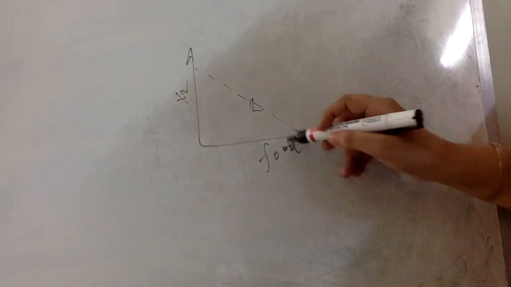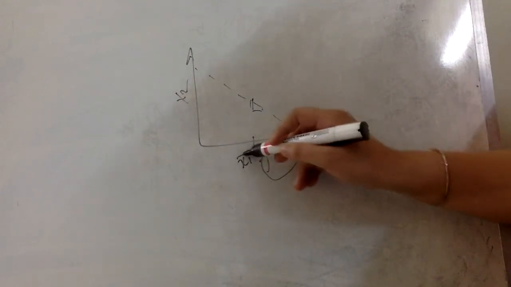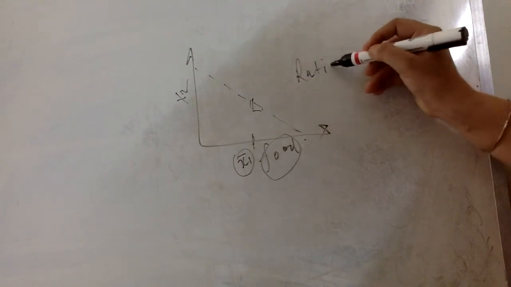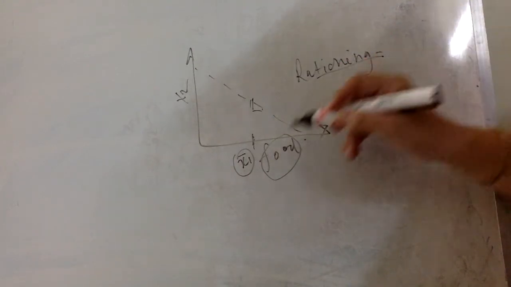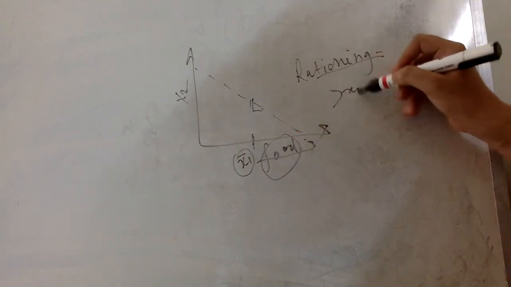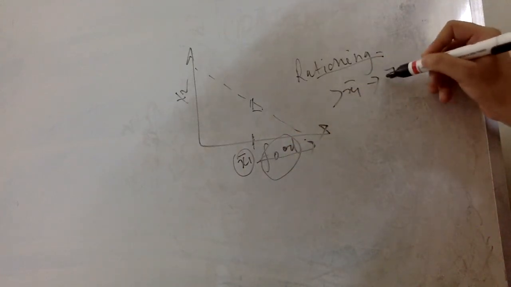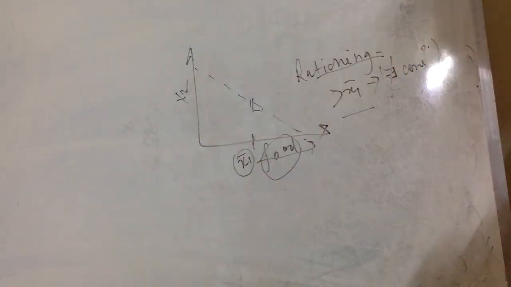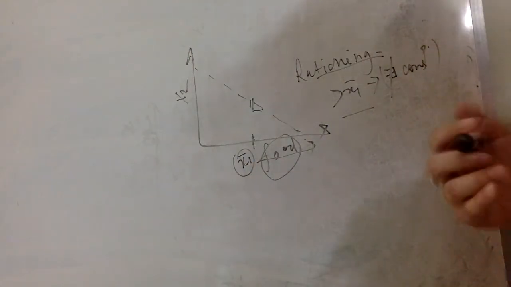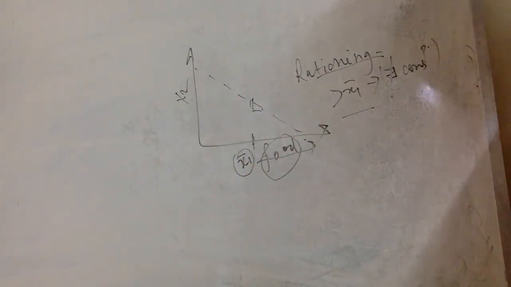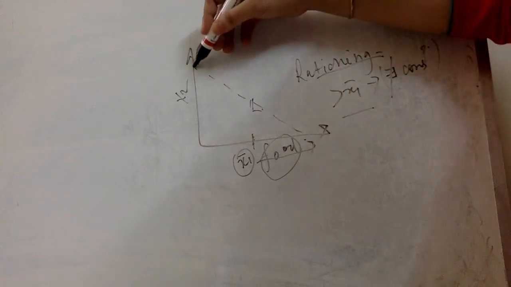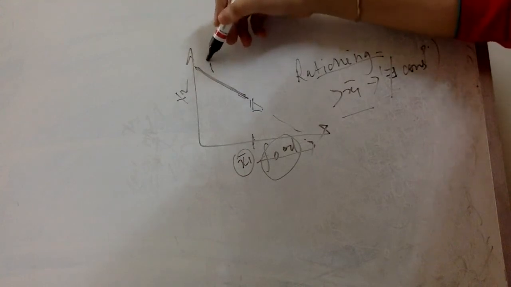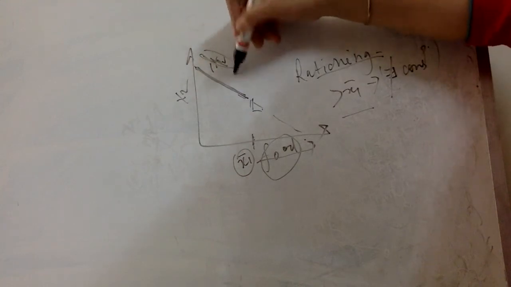Now suppose there is some quantity of food, x1 bar, which is rationed. It means that no consumption is possible beyond x1 bar units of the commodity. So how will my budget line look? Till x1 bar it will look like this, a clear trade-off with the slope of minus p1 by p2, as we've discussed in the previous class.